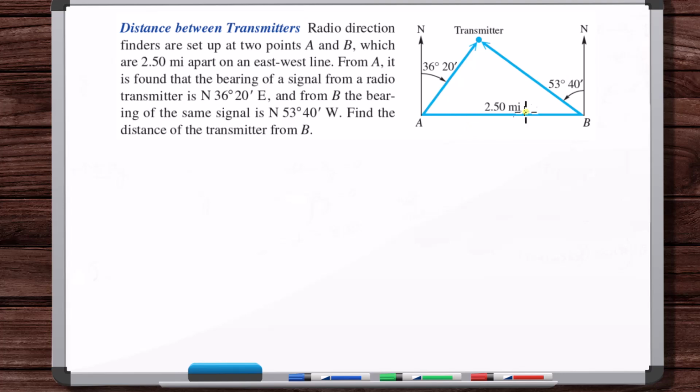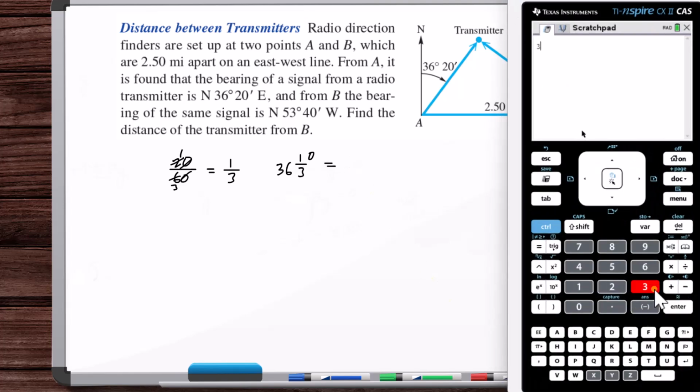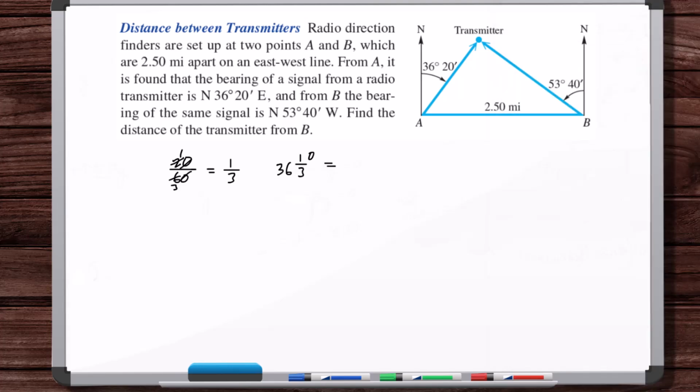Interesting. All right, 36 degrees 20 minutes. What is that as a decimal? How many degrees is 20 minutes? There's 60 minutes in a degree, so that's a third of a degree. So 36 and 1/3 degrees is 109 over 3.